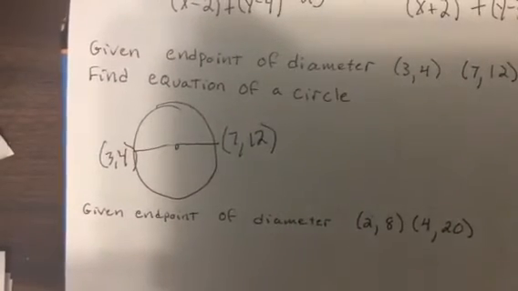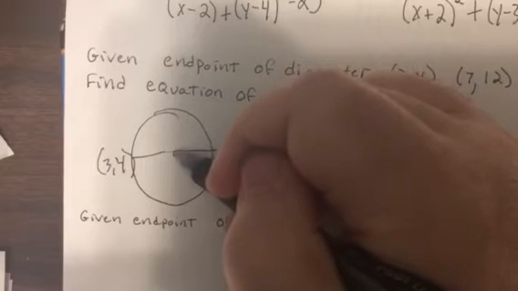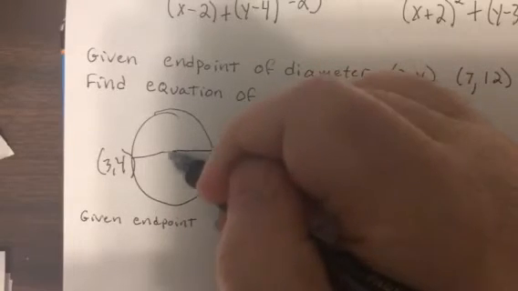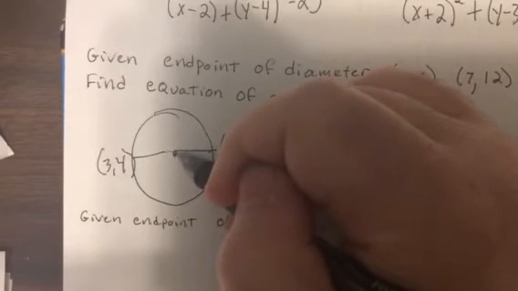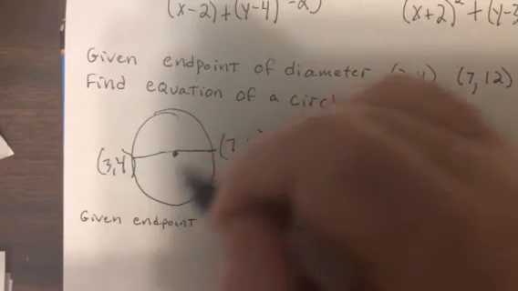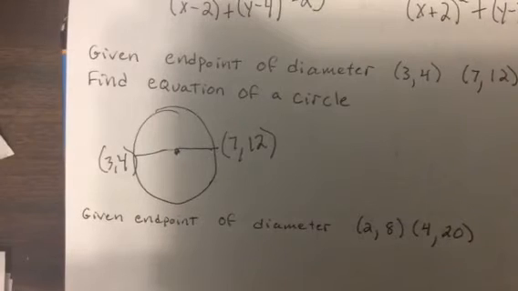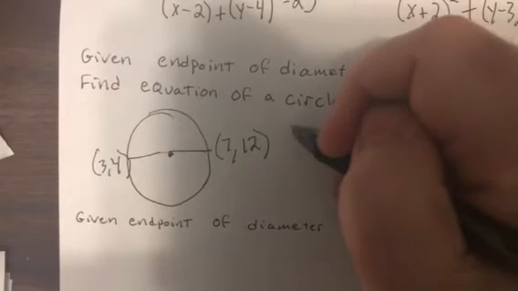So I need to find the center. But wait a minute. This is a radius, this is a radius. There are 2 radii in the diameter. So the center has to be the midpoint of this and this. I know how to find the midpoint.